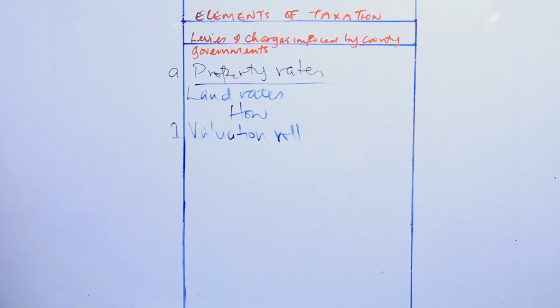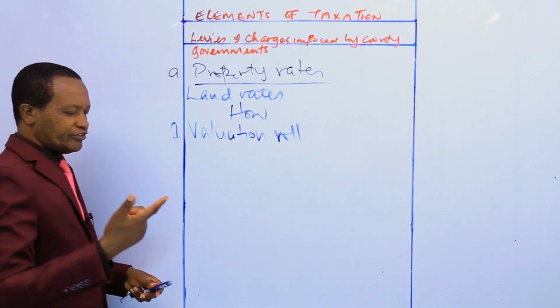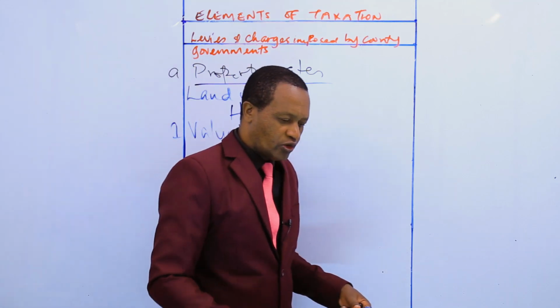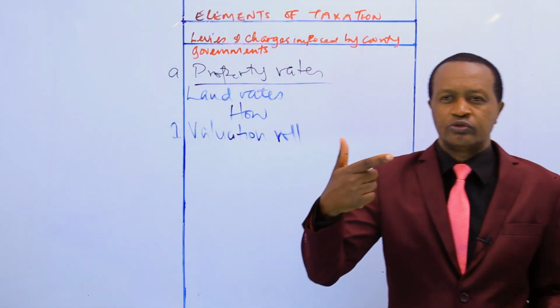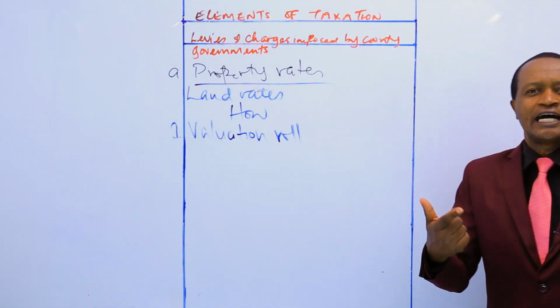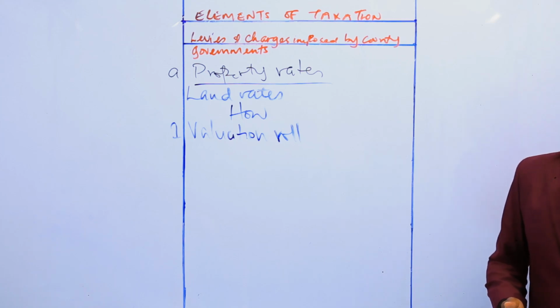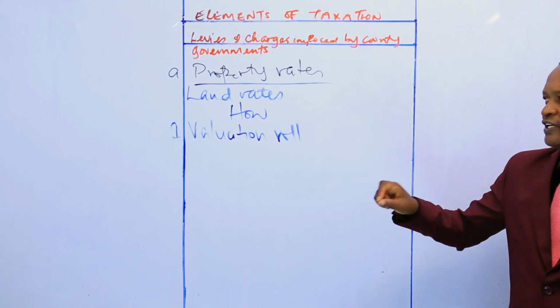Now, counties establish what we call a valuation roll, which is a register of all rateable properties within the county along with their assessed values.